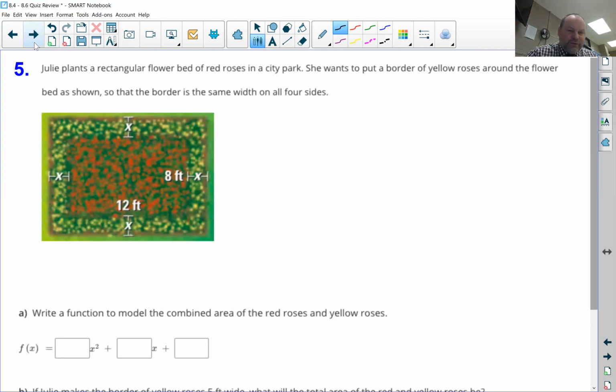And then similar, we did one with a swimming pool and a deck. Here the situation is the same idea. We have a rose garden with red roses in the middle and yellow roses around the outside.